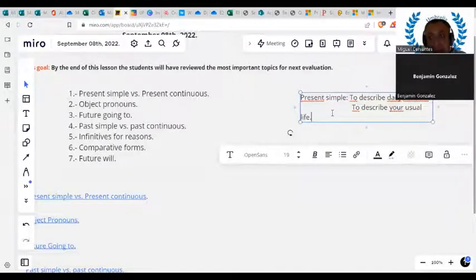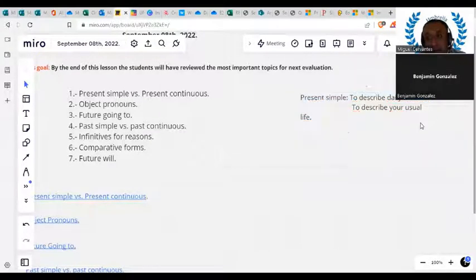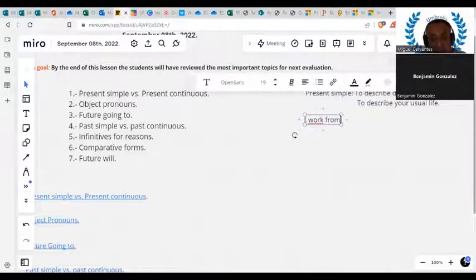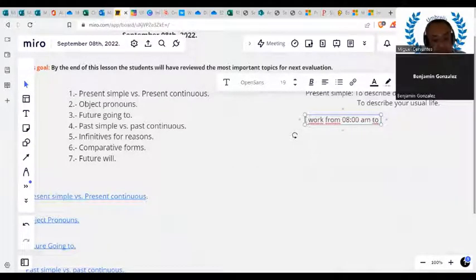Para describir tu vida común, whatever you do, Benjamin, every day, that is simple present. For example, you can say, Benjamin, I work from 8 a.m. to 6 p.m.